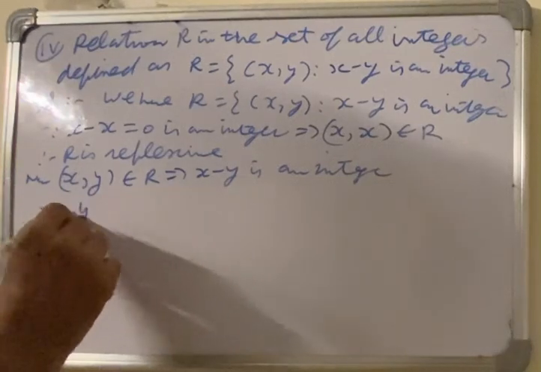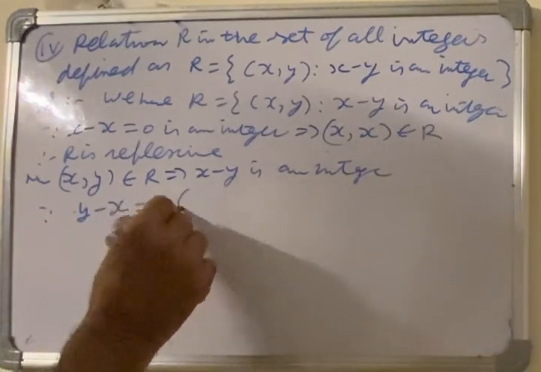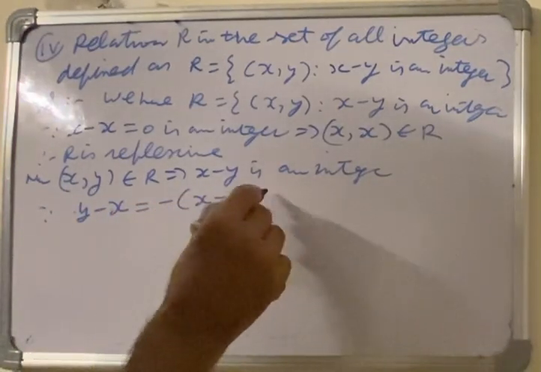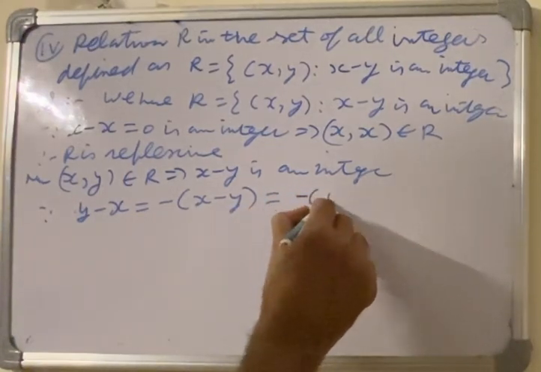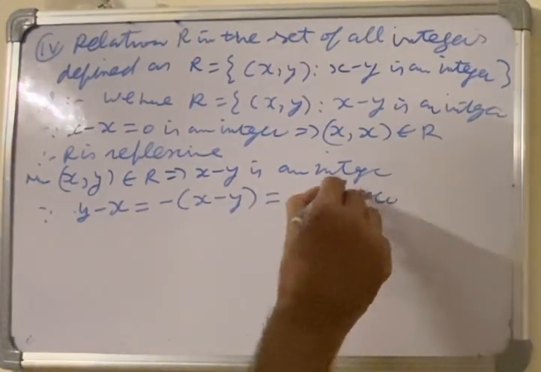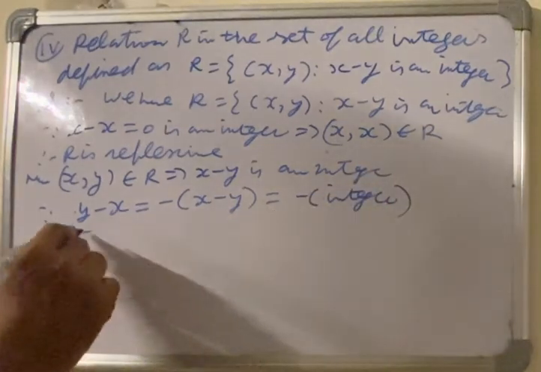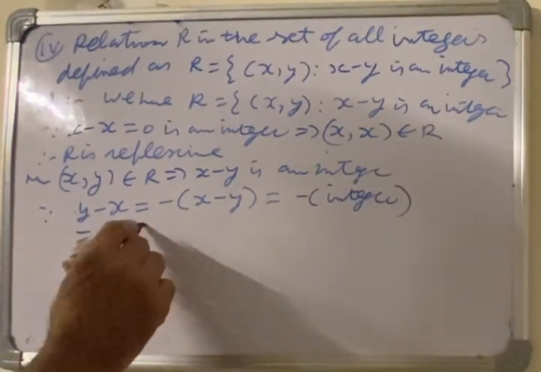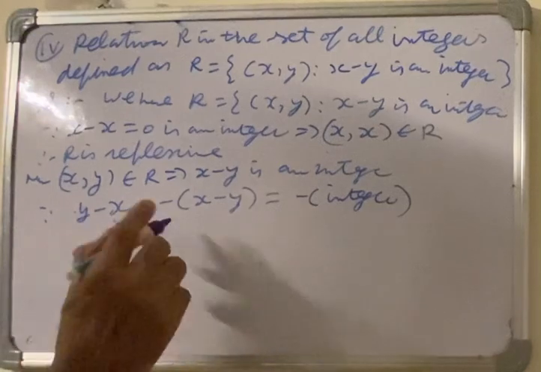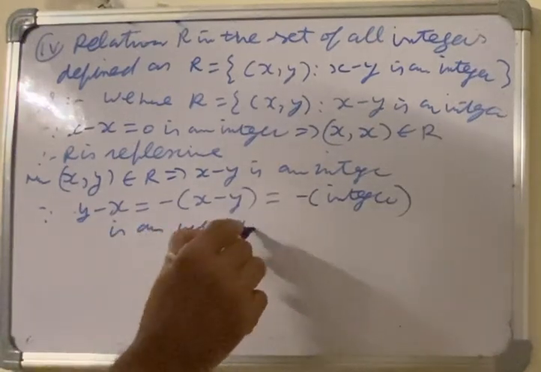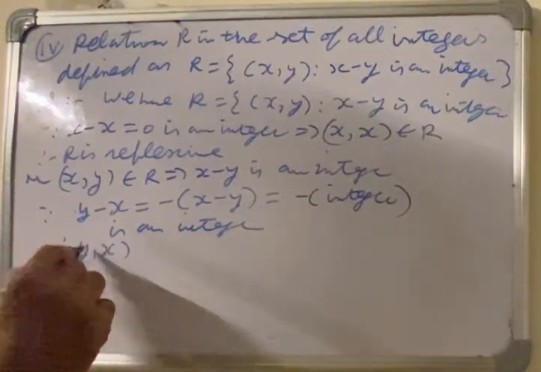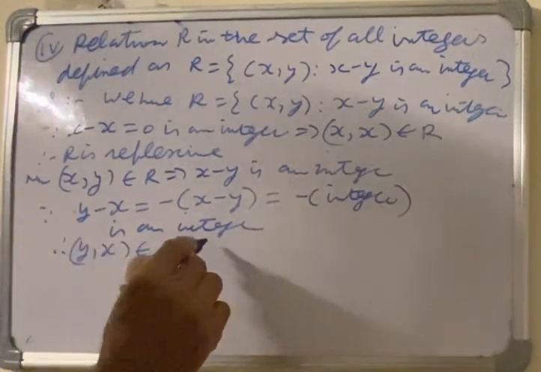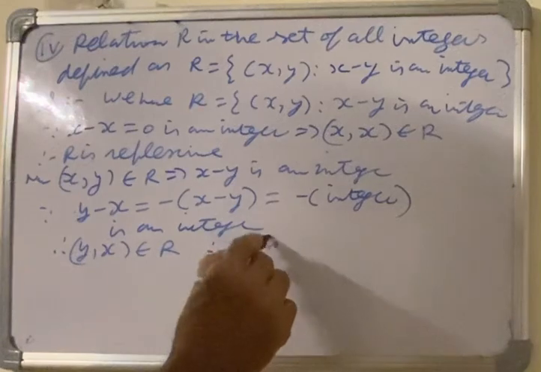Since y minus x is equal to minus of (x minus y), which is an integer, therefore (y, x) belongs to R. Therefore R is symmetric.